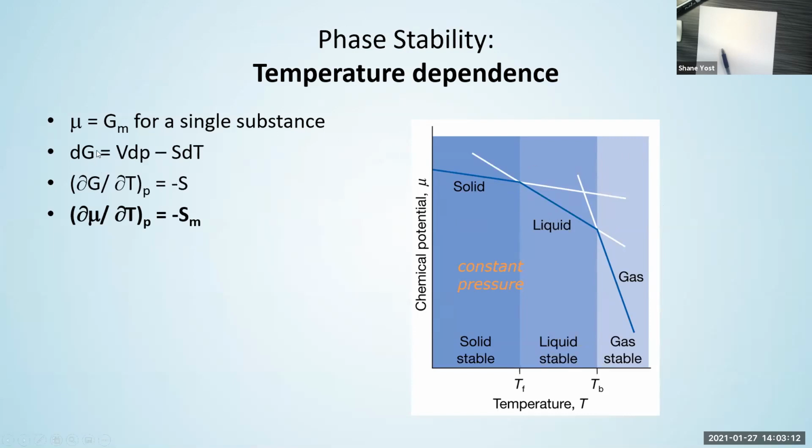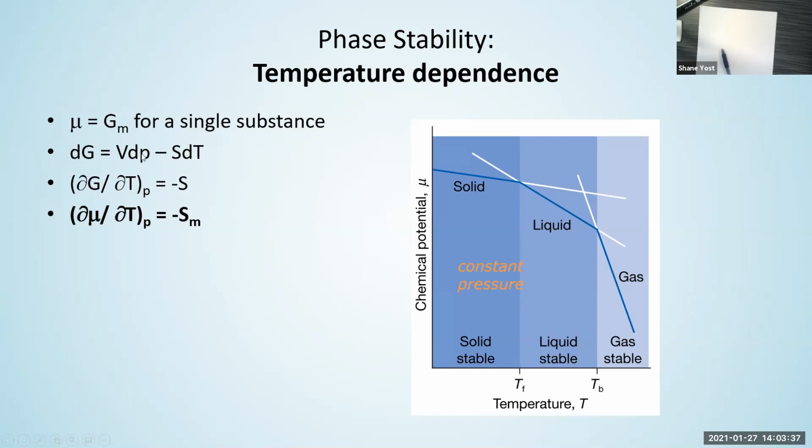Now, just take it as a given here that the change in your Gibbs free energy is related to volume times the change in pressure minus entropy times the change in temperature. This type of relationship tells us about a change in the Gibbs free energy with respect to temperature under constant pressure.